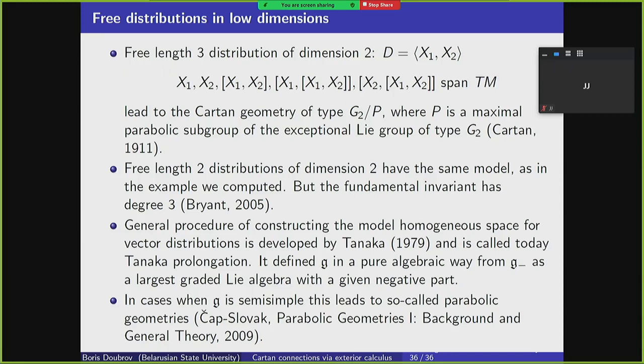So you end up with the scope of so-called parabolic geometries, which are Cartan connections or Cartan geometries modeled by parabolic homogeneous spaces, sometimes called generalized flag varieties. This is the case where G is semi-simple and P is parabolic, as it was in all my examples.